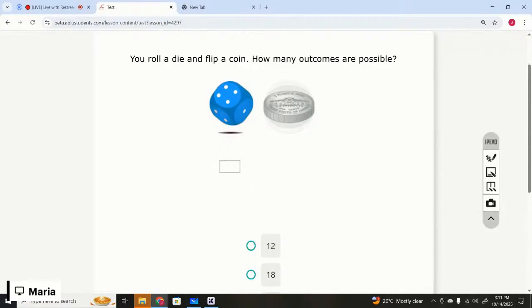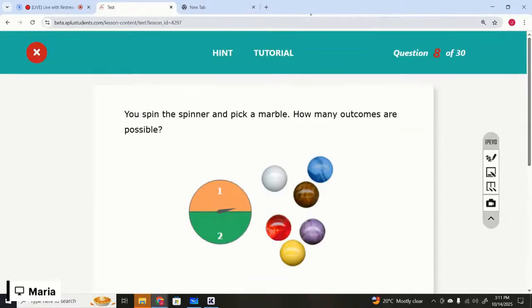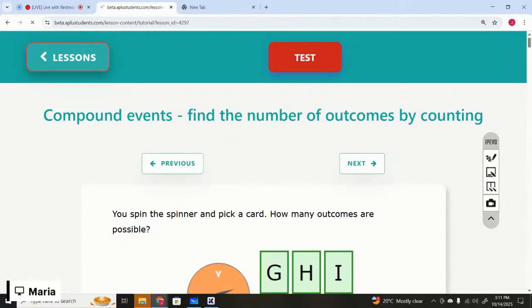That is 6 times 2 is 12. Option number 1 is the correct option. Okay, you can complete this lesson by yourself later today. Let me just move on to the next lesson.